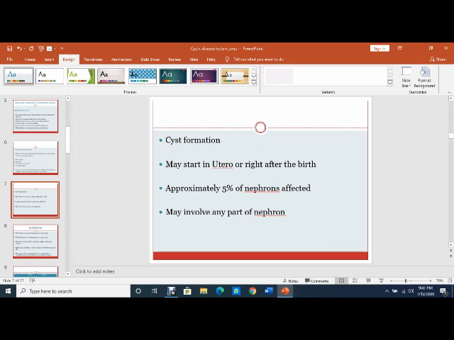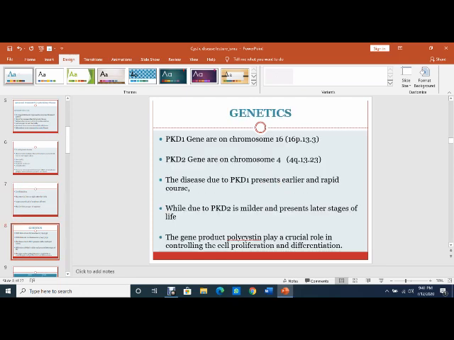Cyst formation usually starts in intrauterine life or just after birth. 5% of the nephrons are affected, and it may involve any part of the nephron.